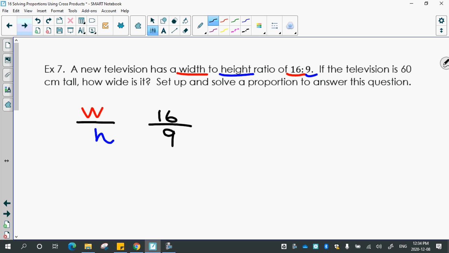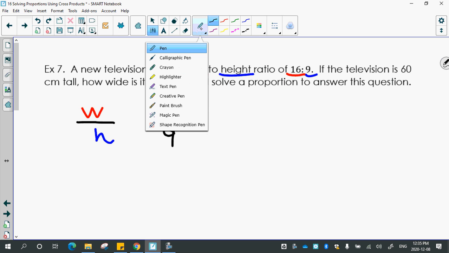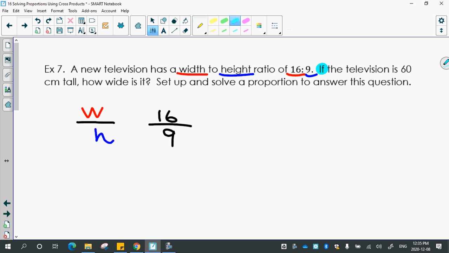Then it says, if the television is 60 centimeters tall, how wide is it? So on this side, do they give me a width or a height? They give me the 60 centimeters, but how do I know whether it's a width or a height?